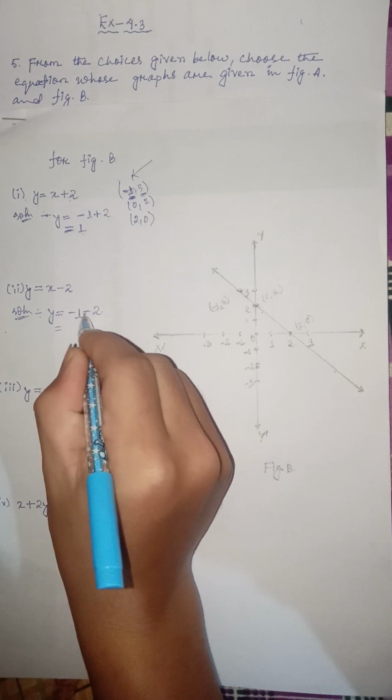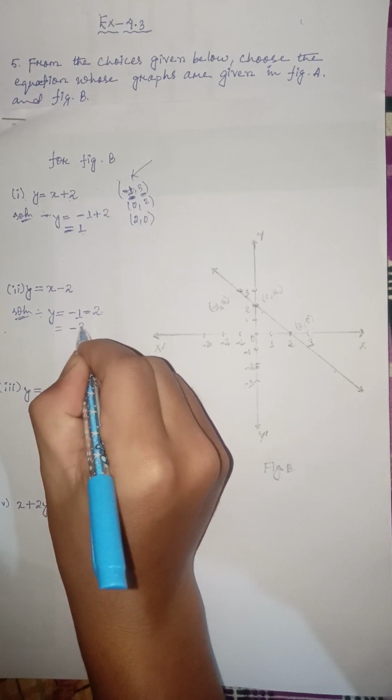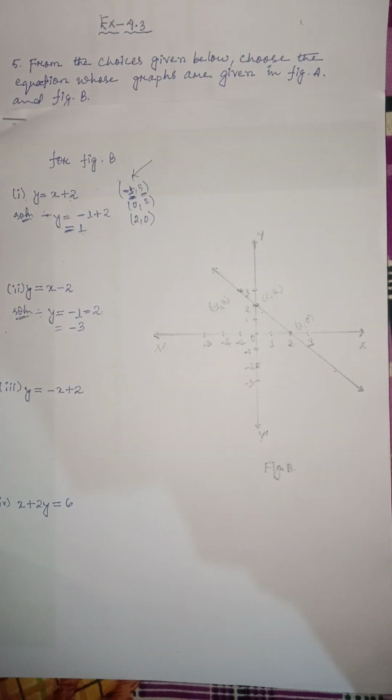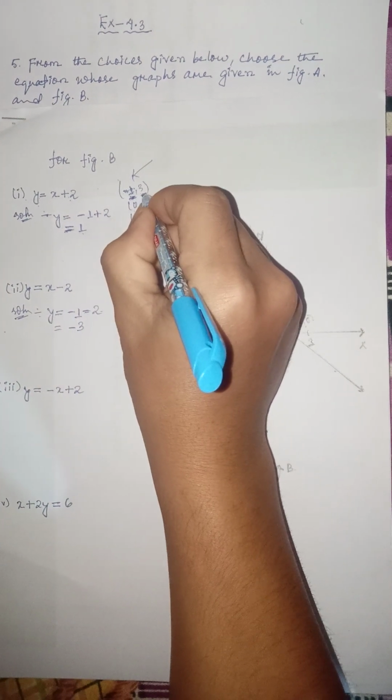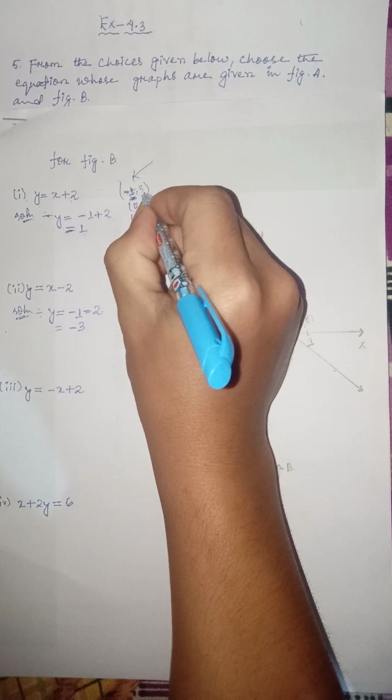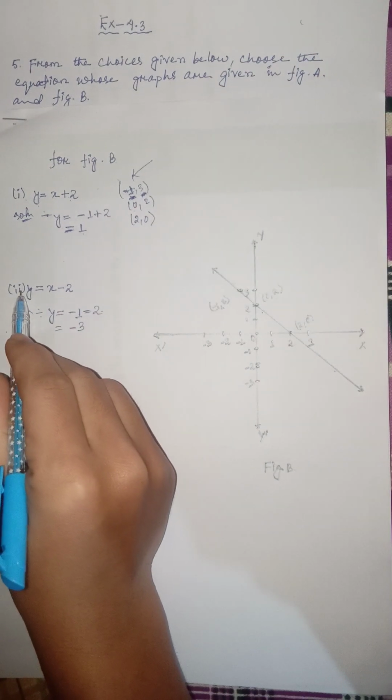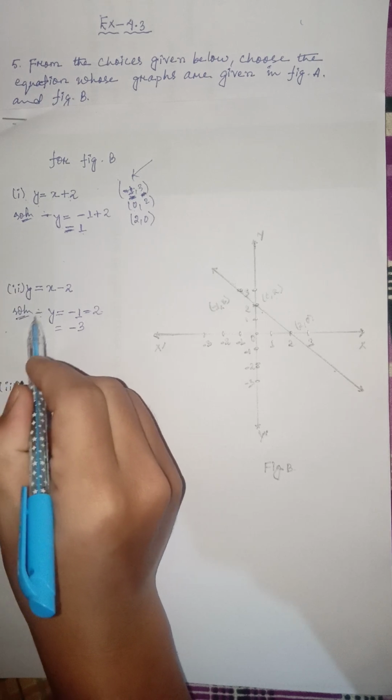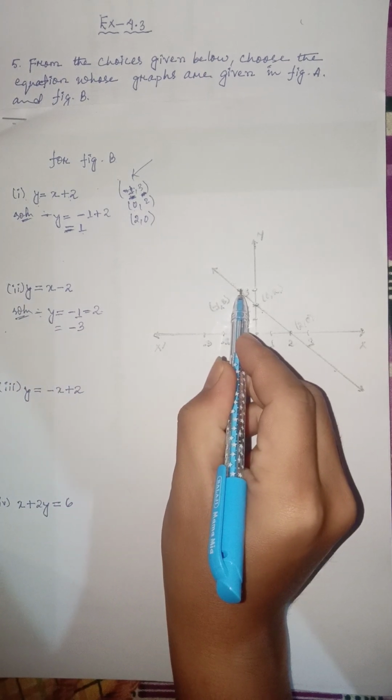Minus 1 minus 2, what will it be? It is minus 3. Whenever x is equal to minus 1, the corresponding value of y is minus 3. Actually, we can't get 3 here, right? Thus, we conclude that Roman number 2 will not be useful for drawing this line.